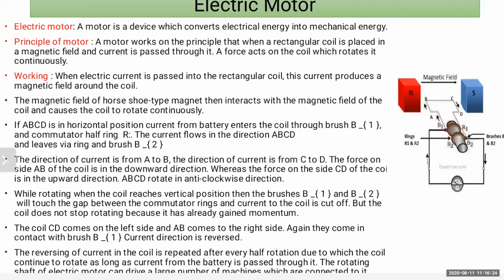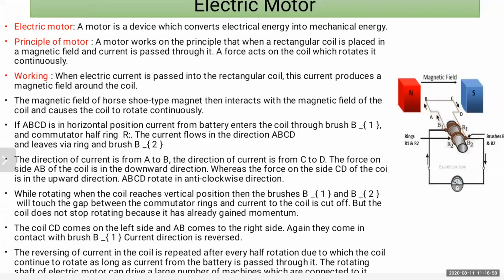The branches are A, B, C, D. Here, the branches AB and CD are perpendicular to the direction of the magnetic field. These two poles, north and south, create the magnetic field, and these arms, AB and CD, are perpendicular to the direction of the magnetic field.